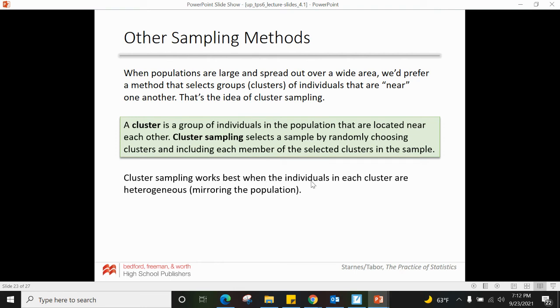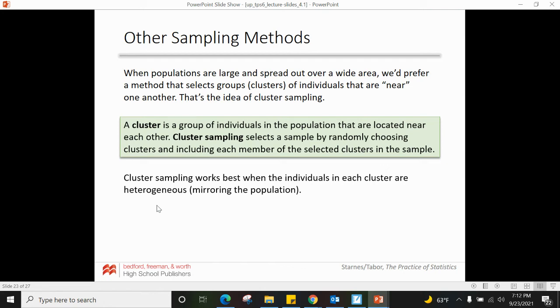So cluster sampling works best when the individuals in each cluster are heterogeneous, mirroring the population. So let's say we were surveying the elective classes. We would expect each elective class to be similar.